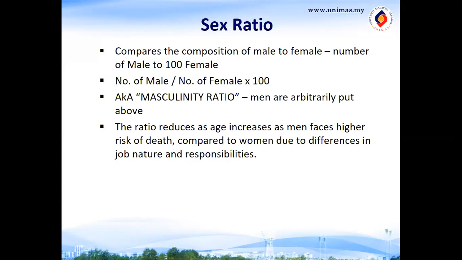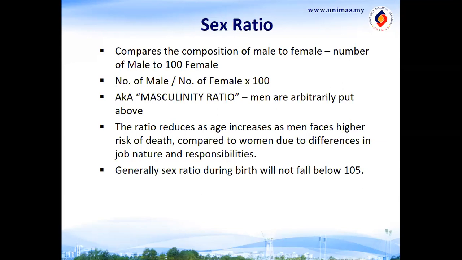Okay, apabila compared, kita boleh gunakan pyramid tadi. Kalau kita lihat kepada pyramid, at the top you will find the number of male dibandingkan dengan female adalah kurang. Itu maksudnya as age increases, the number of men is less than women. So generally sex ratio at birth will not fall below 105. Itu secara natural.